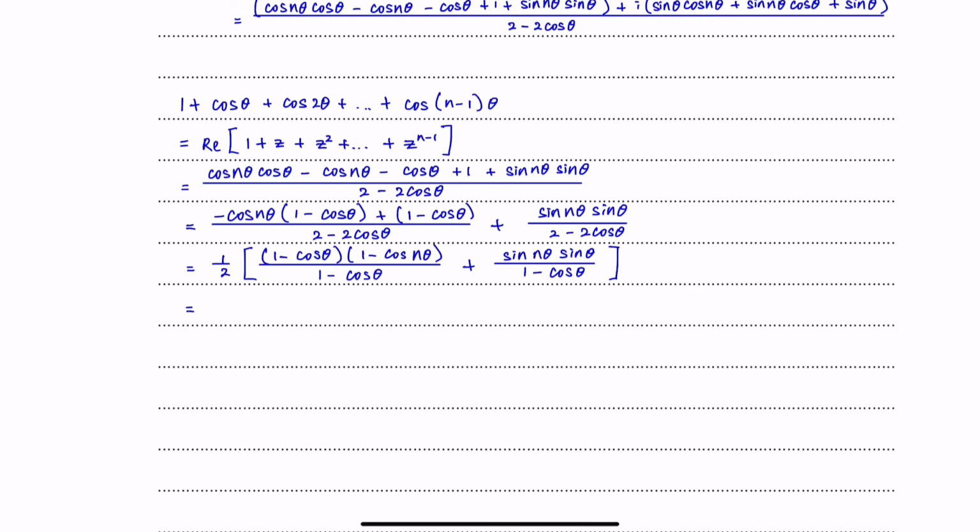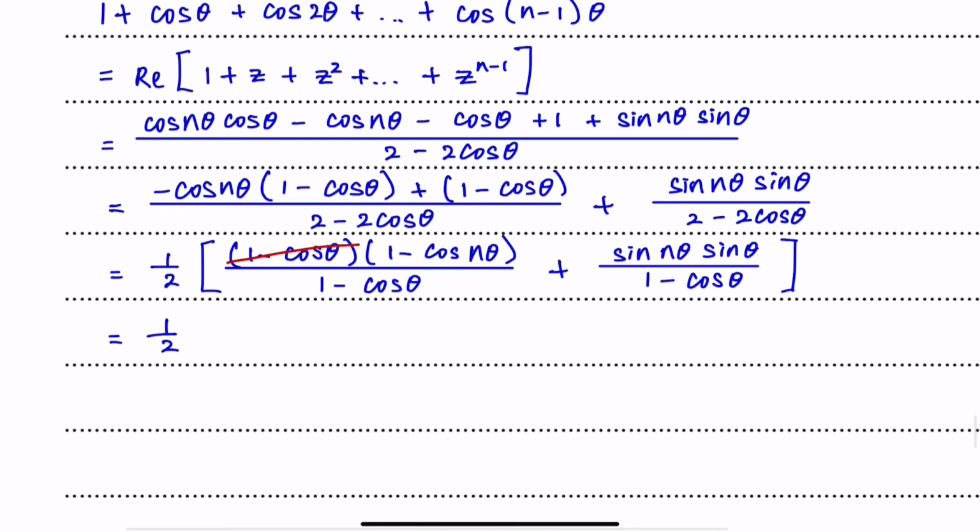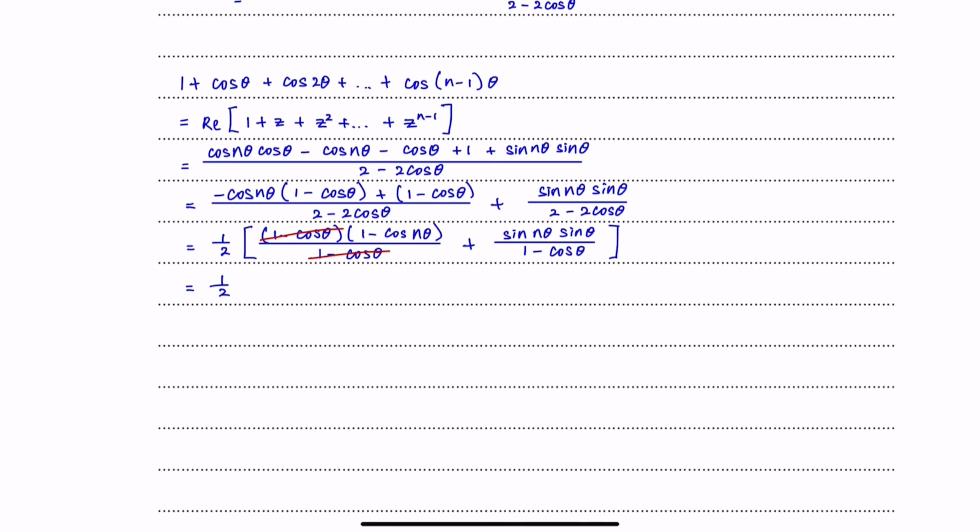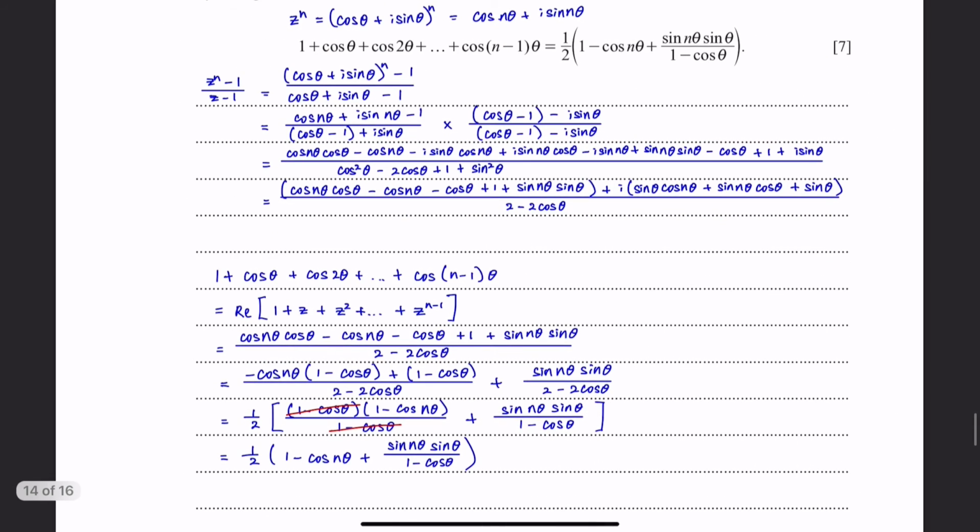We're almost done. So now we have half of, see, we can cancel out this 2. So we have half of 1 minus cos n theta plus sine n theta sine theta over 1 minus cos theta. And this is exactly what the question wants.